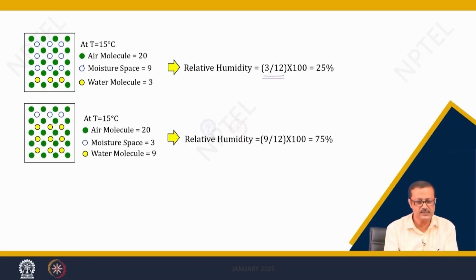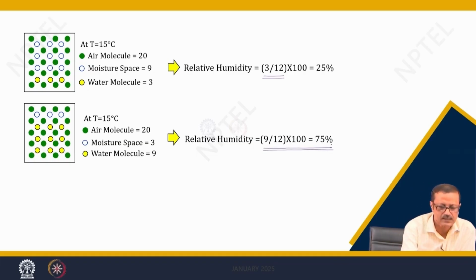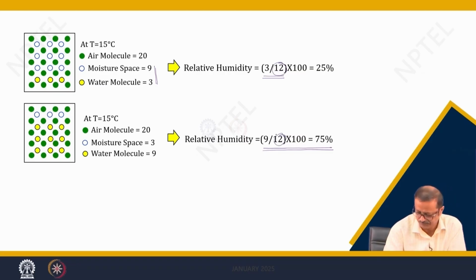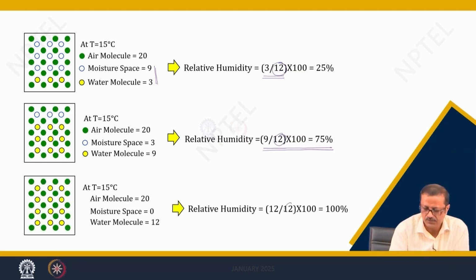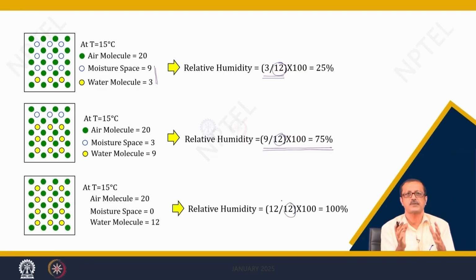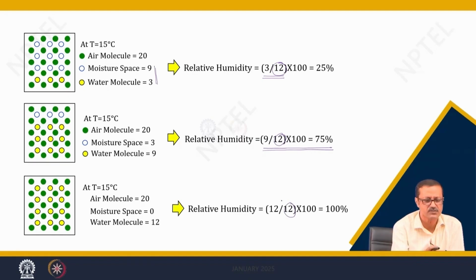If it increases, now it is 9 by 12, so it is almost 75% RH. There are 12 such spaces; out of that 3 were filled and 9 empty. The total number of spaces is always 12 in every case, and what changes is how much is filled.